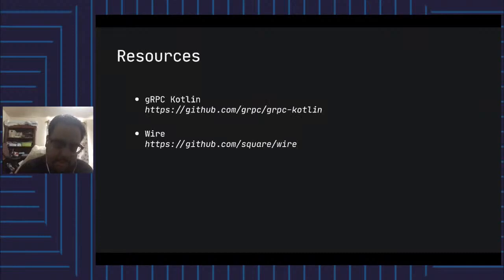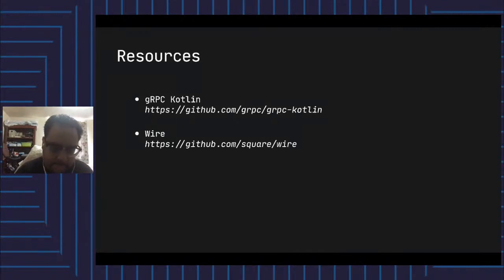There are libraries and resources that you could look at, like the gRPC-Kotlin library. There's also a library called Wire. Wire is a really great library by Square, a bit different in the way it sets things up. It has the concept of a gRPC client that you could use, but it doesn't support everything in Proto 3, which is why I wasn't able to use it.